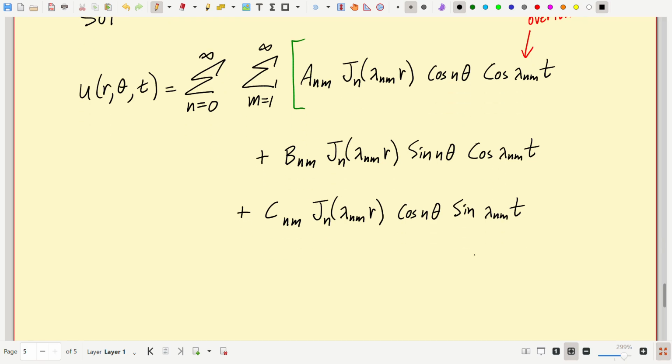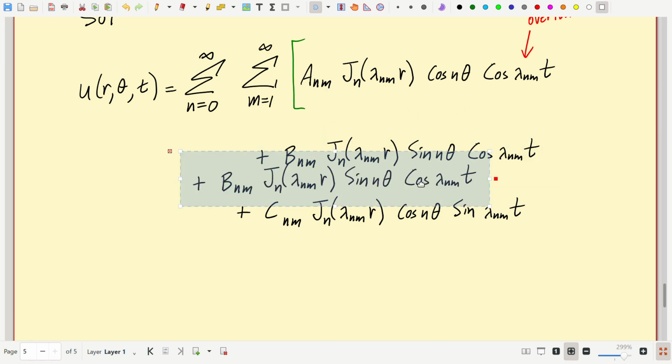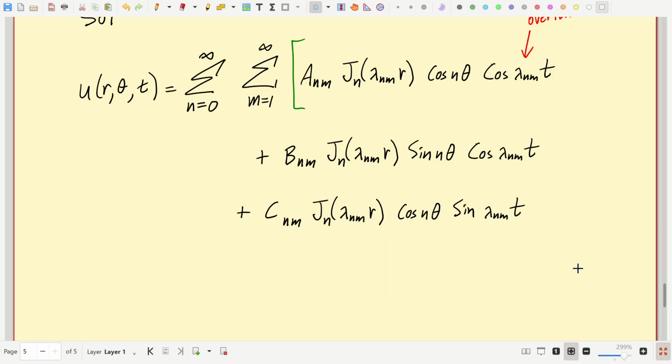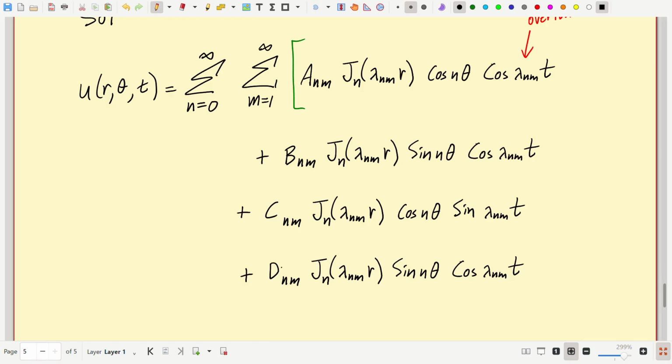I'm almost done with the types of solutions. I need another one like this. Copy, paste. Okay, good. I need this one to be a D. That's going to be the same.